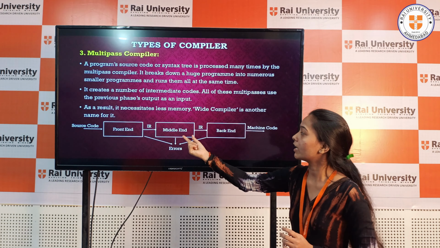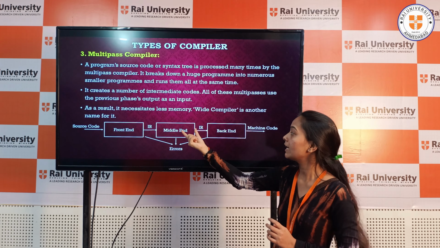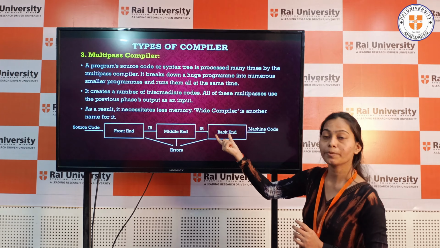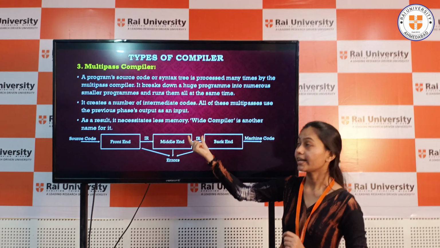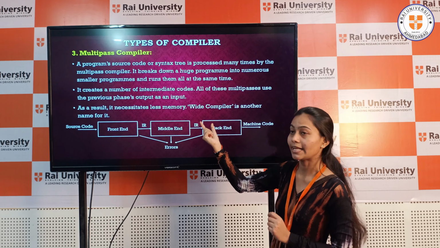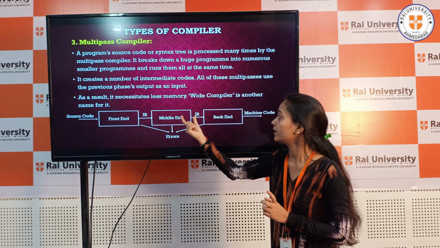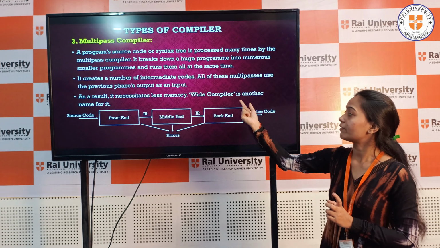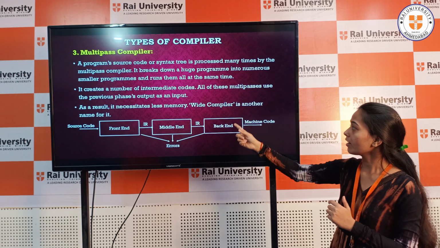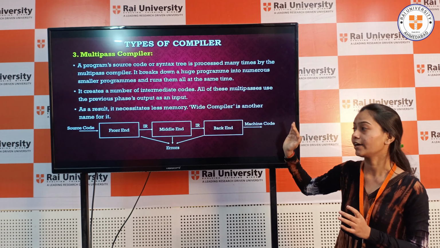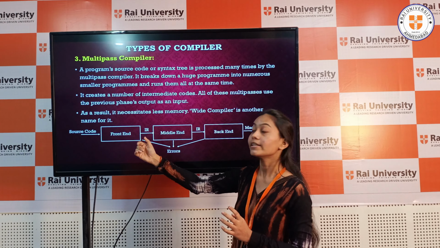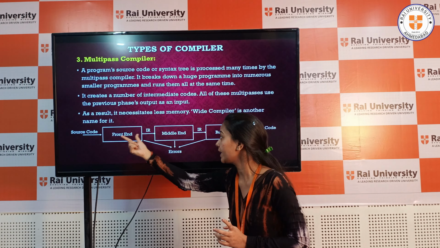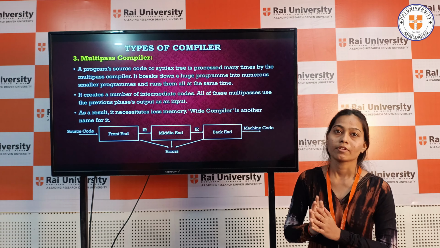Then it generates some output, and that output is passed to the backend phase, which takes the intermediate representation, that is the output of the middle end, as an input, and then it will also process it, and lastly machine code or target code is generated. In between this process, some errors can be determined by the front end, middle end and back end phases.